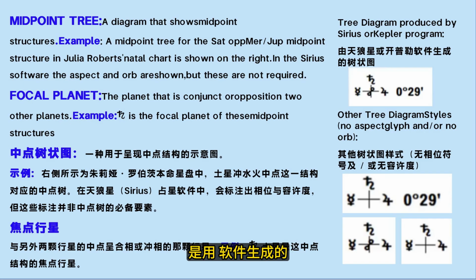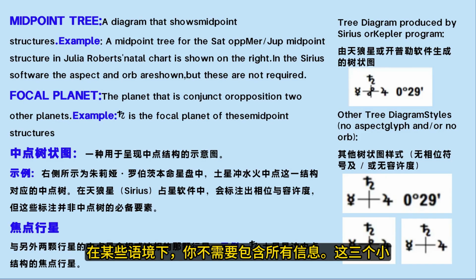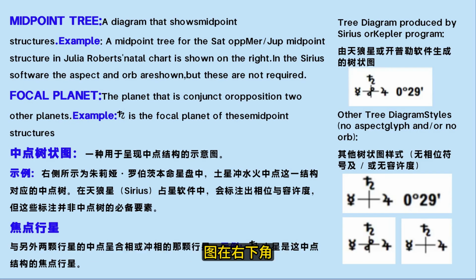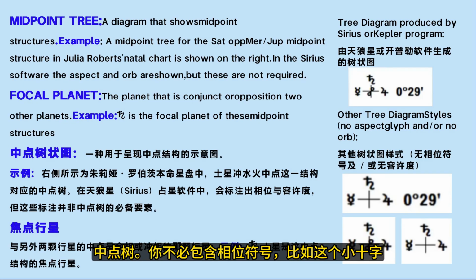Sirius software. But just to make the terminology clear, and in some contexts you don't need to include all this information, these three little images in the bottom right corner are also midpoint trees. You do not need to include the aspect where this little cross is.